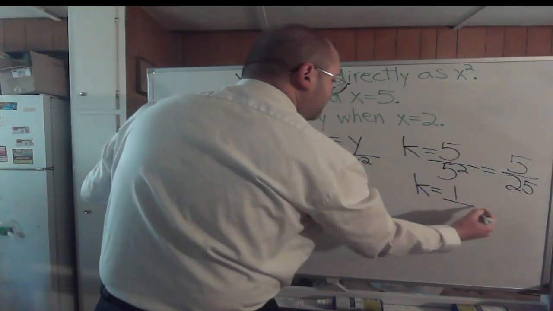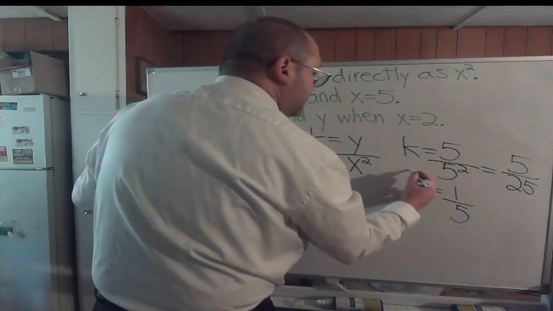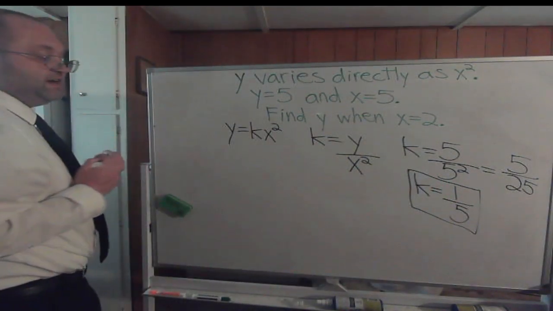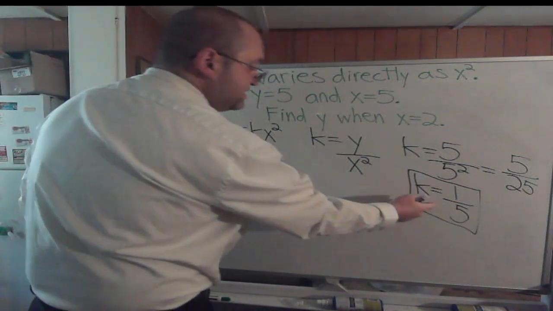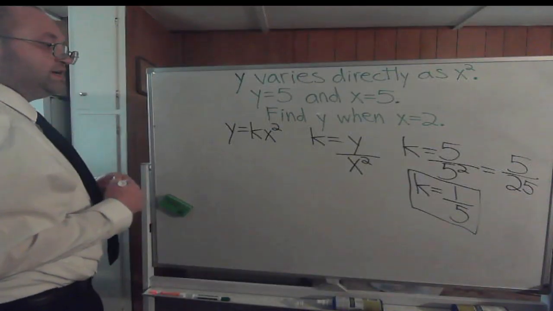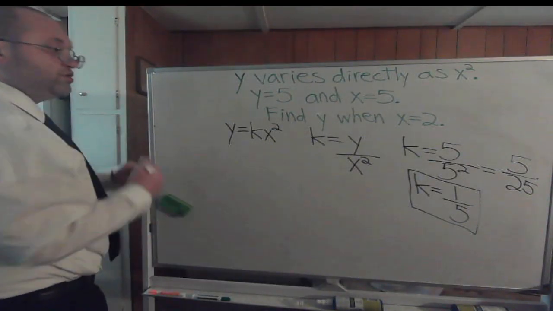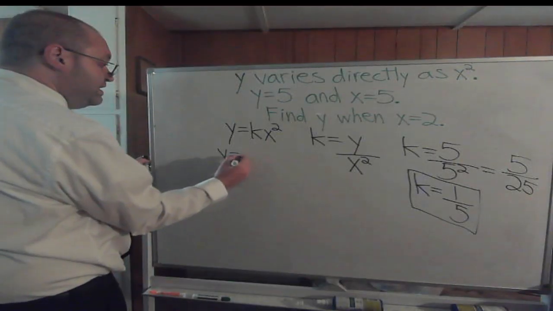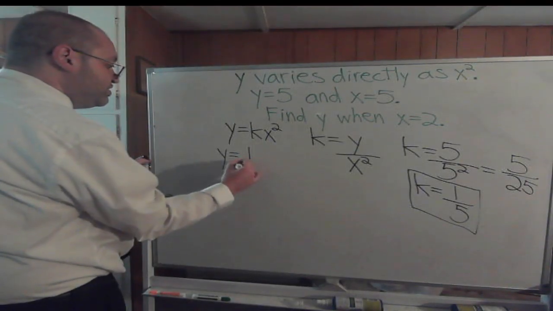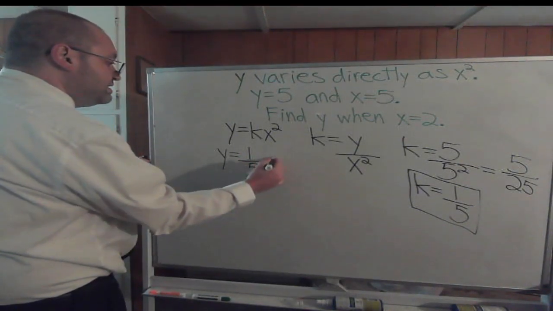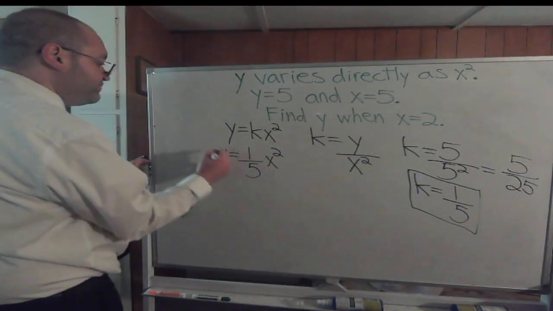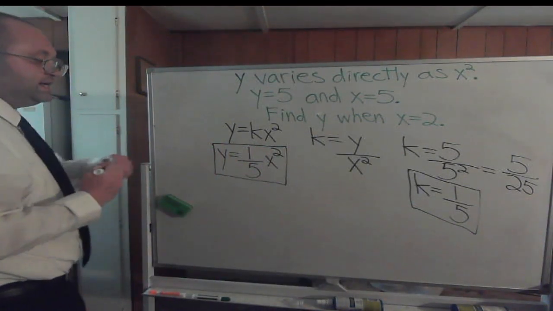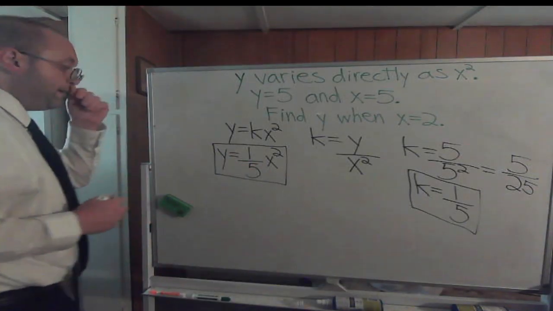So the constant of variation is 1/5. We found the first piece of the puzzle. Next step, form your new equation with the constant of variation. That's going to be y equals 1/5 times x squared. So the equation of direct variation that you get is y equals 1/5 x squared.